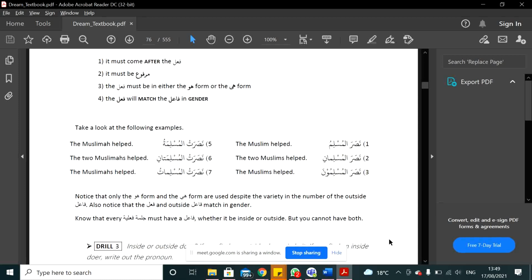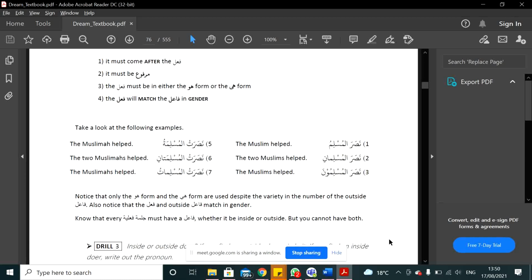Now I will not say she helped, I will say the Muslim helped, the Muslimah helped, right? So that is how things will progress from now on. It's not always necessary that you find an outside doer, but if you find an ism after a fi'l in rafa form, you will match them in gender, and the fi'l should be in hua or hiya format.